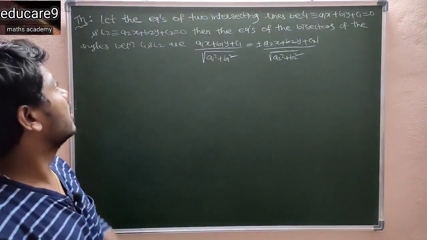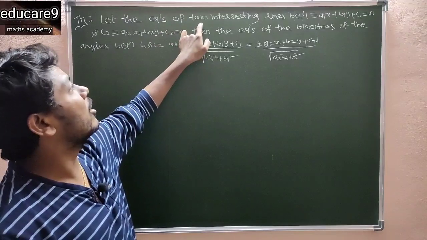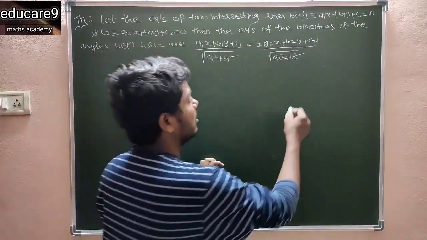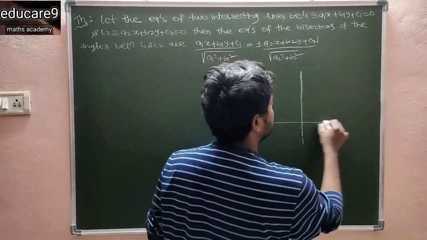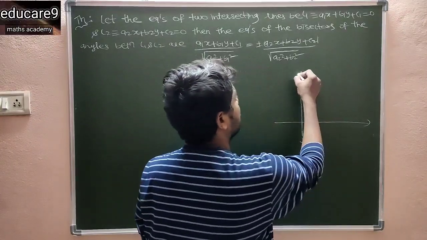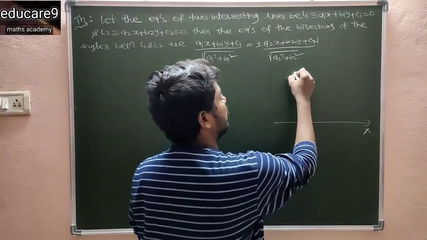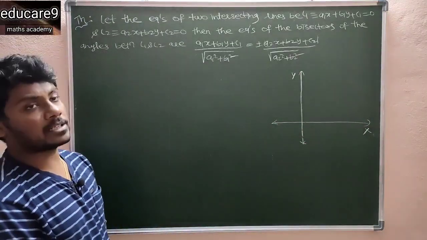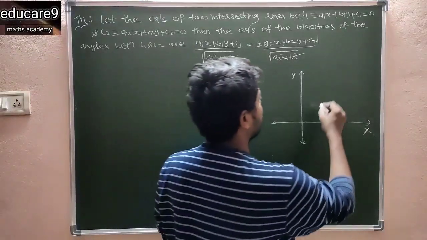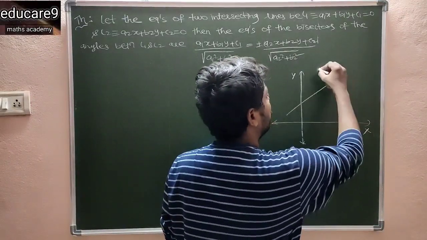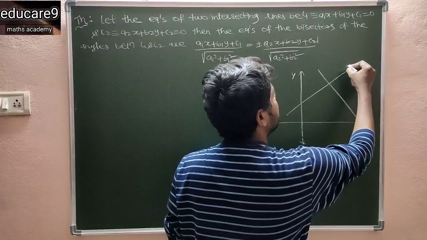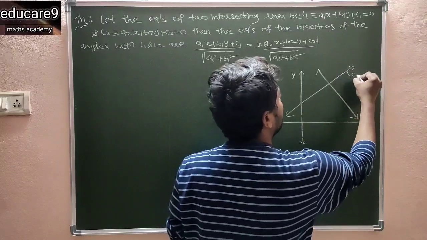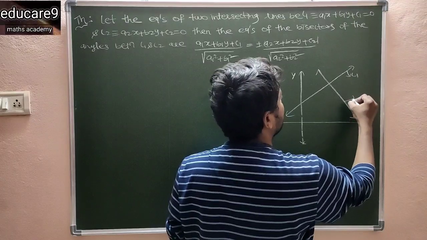See the next one, where the equations of two intersecting lines L1 and L2 are given. Consider the coordinate axes, this is the x and y axis. Here two intersecting lines are given, suppose these are L1 and L2.